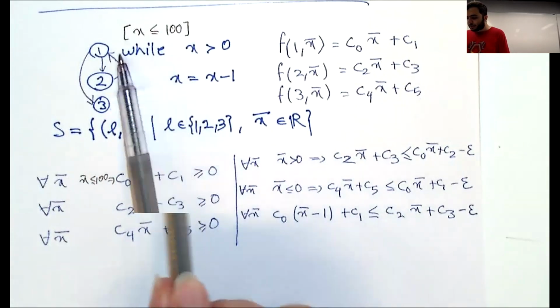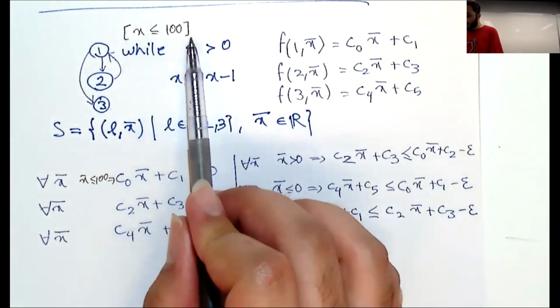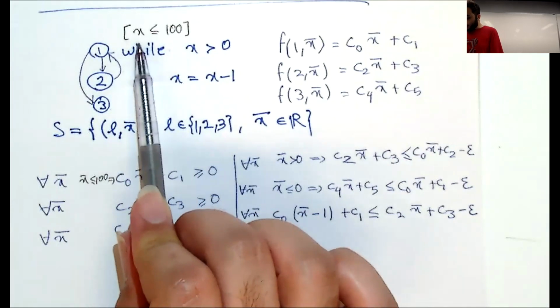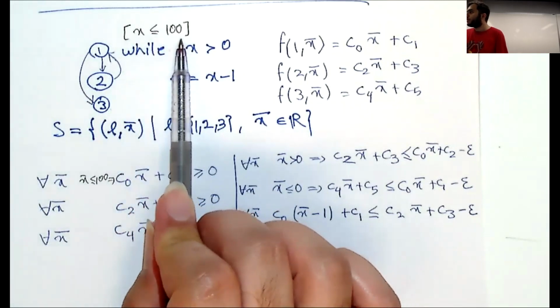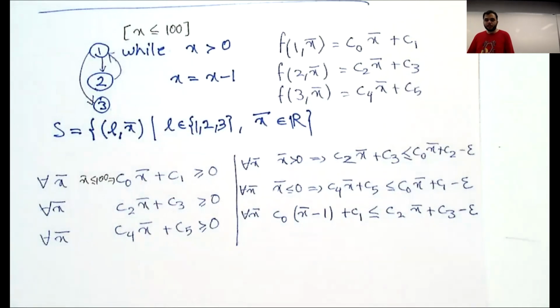An invariant is basically an upper bound on the set of states that are reachable at every point in the program. So this invariant here is telling me that at point 1 of your program, all the values that are reachable have their x be less than or equal to 100.